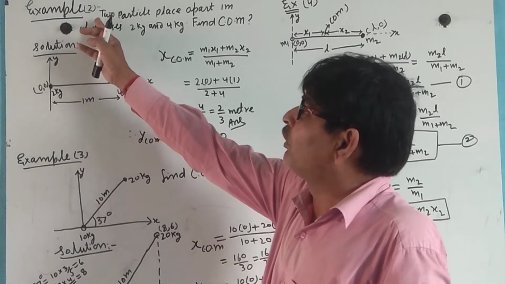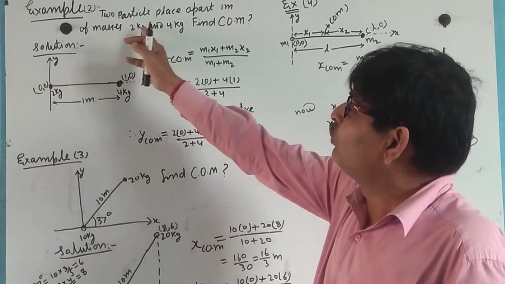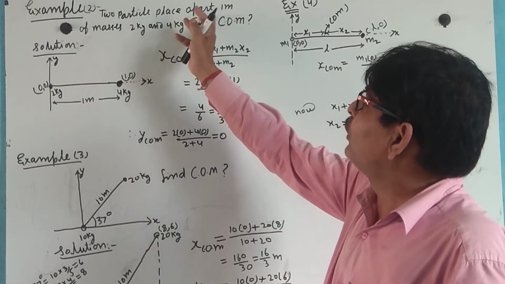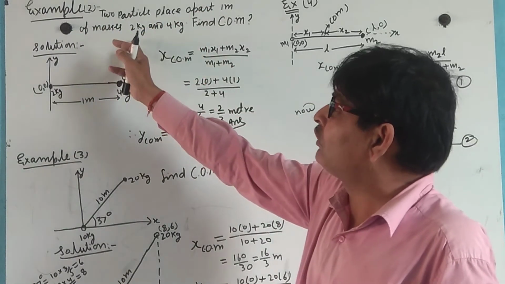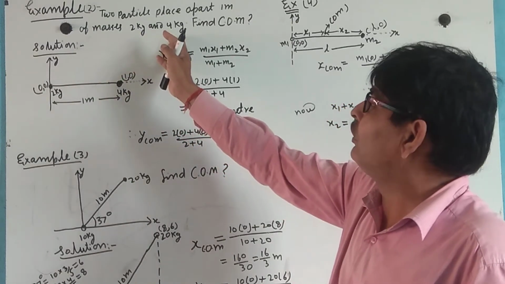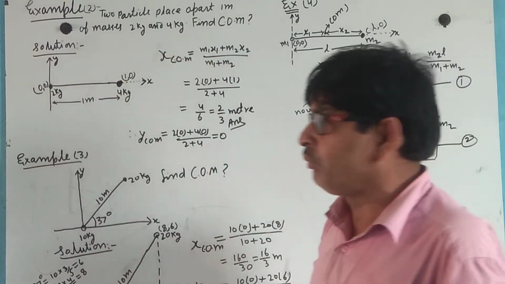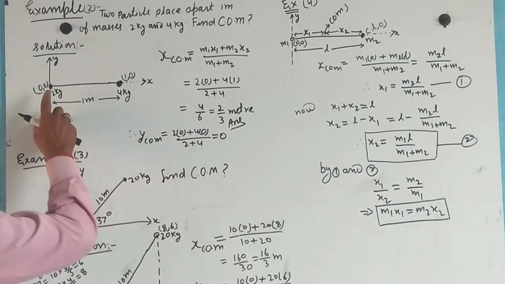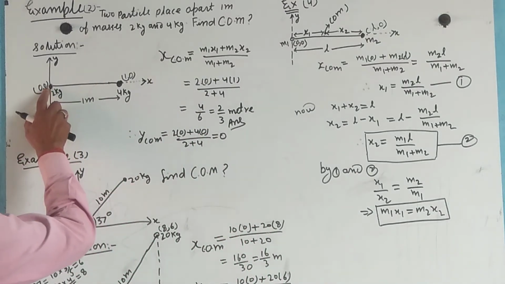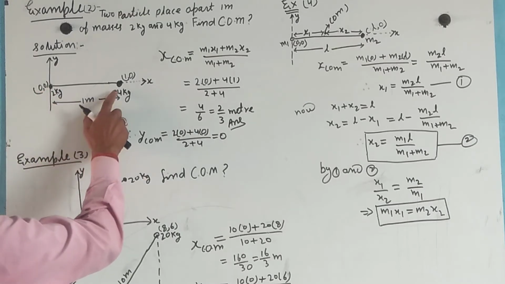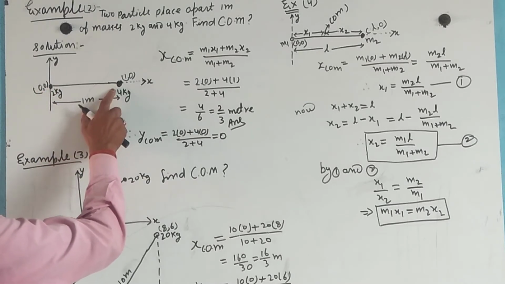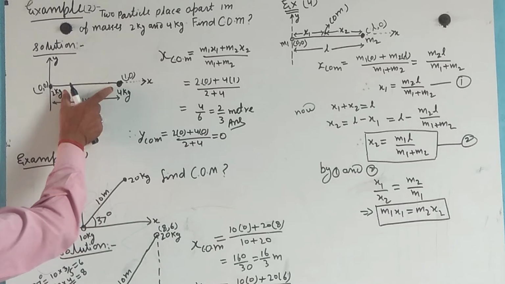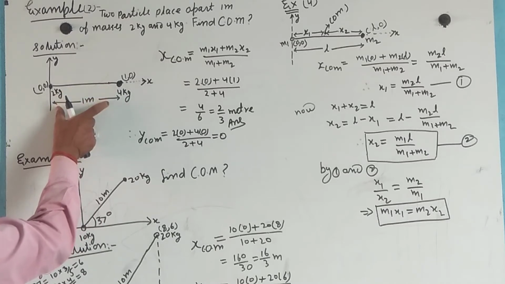Now we take another example. Example number 2: two particles of mass 2 kg and 4 kg are placed 1 meter apart. Find the center of mass. Here one particle has 2 kg mass and the other has 4 kg mass, placed at a distance of 1 meter.